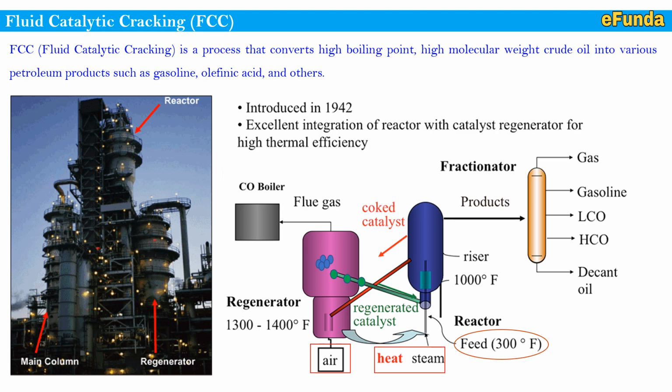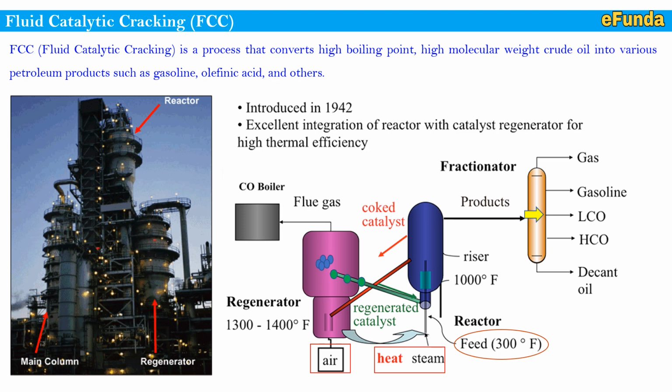Before that, the products are sent to the fractionator where gas, gasoline, light cycle oil, heavy cycle oil, and decant oil are produced as subproducts of the petroleum product after the FCC process is done.